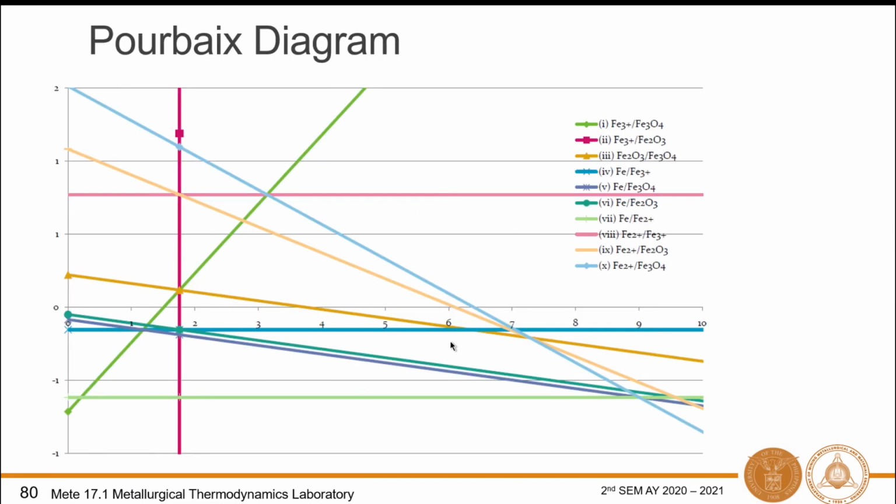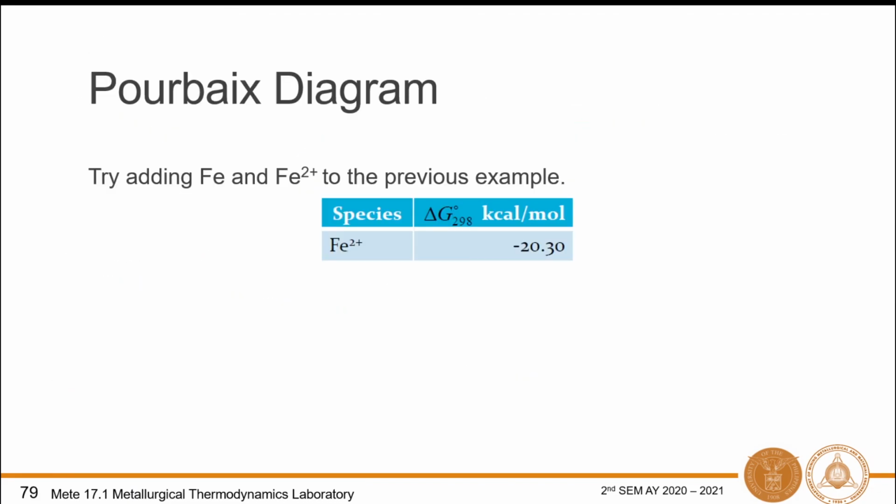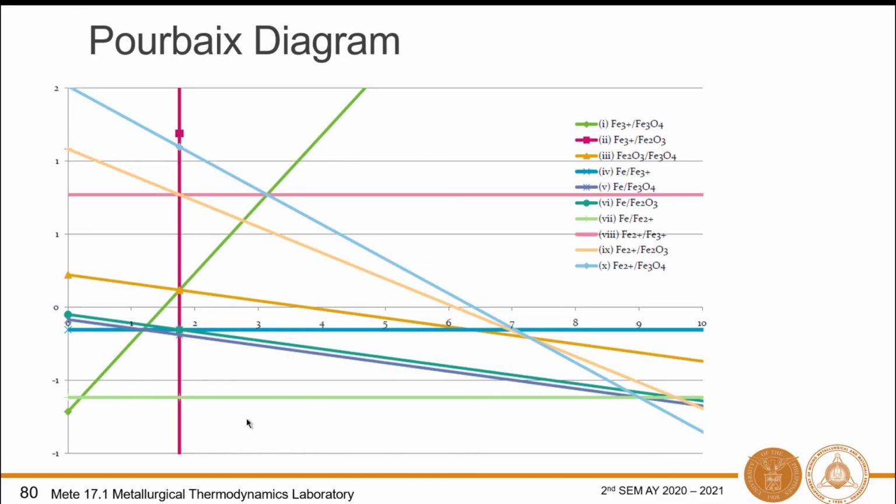Try to practice, but let's just say you add one more species, no? Kunwari, si Fe2 plus gusto natin idagdag dun sa Pourbaix diagram natin. You'll notice that if you add one more species, ang mangyayari is magiging 4 species na sa lahat. So 4 times 4 minus 1, which is 3. So 4 times 3 over 2 gives you 6 equations.